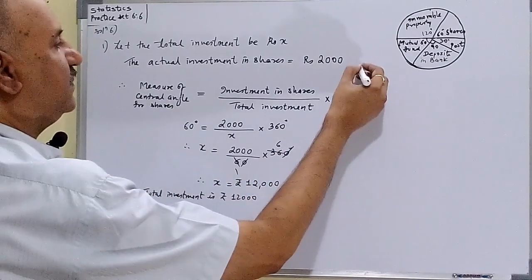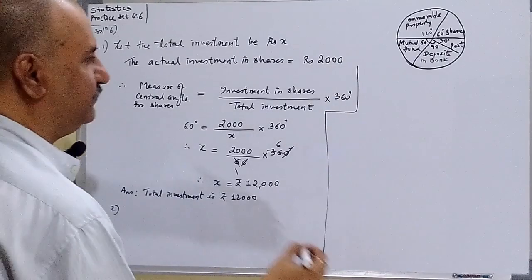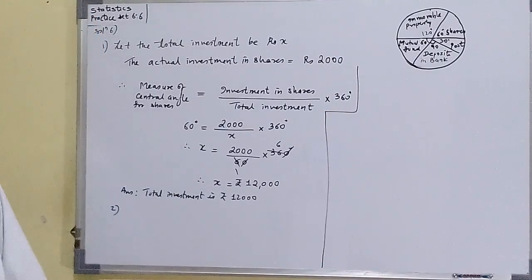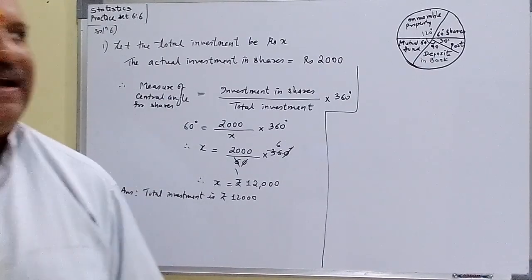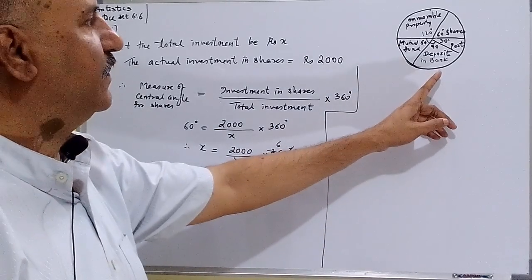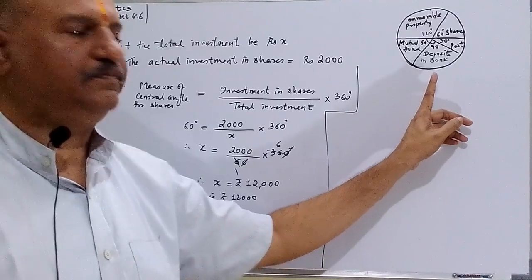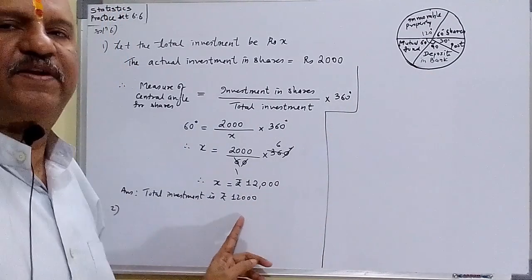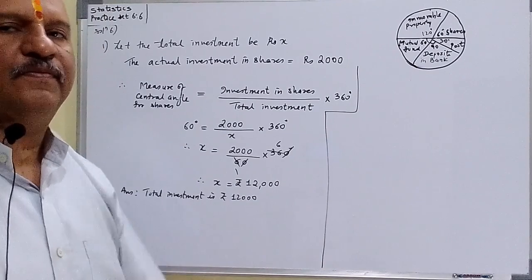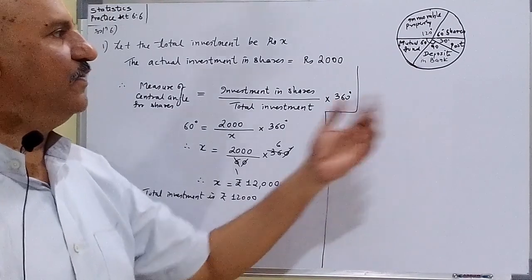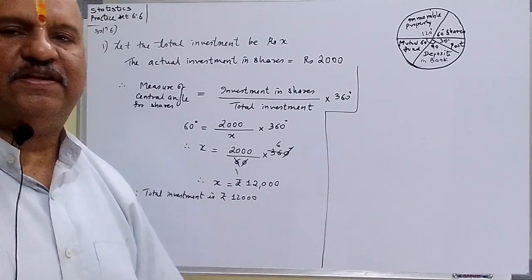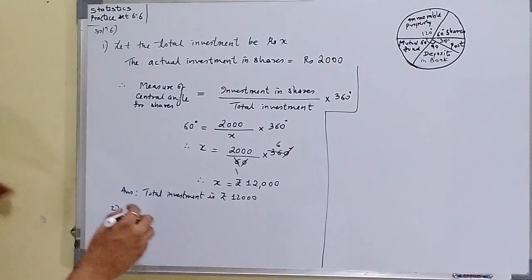Now we go to second part. The question number 2 is, how much amount is deposited in bank? For deposit in bank, angle is 90 degrees, given to you. Total investment you know. 360 degrees you know. So find out.